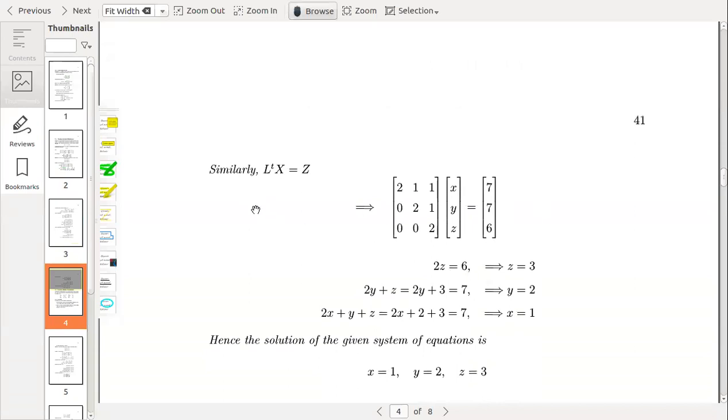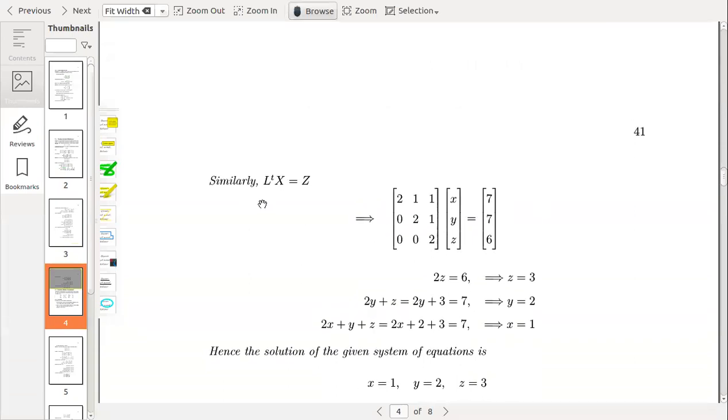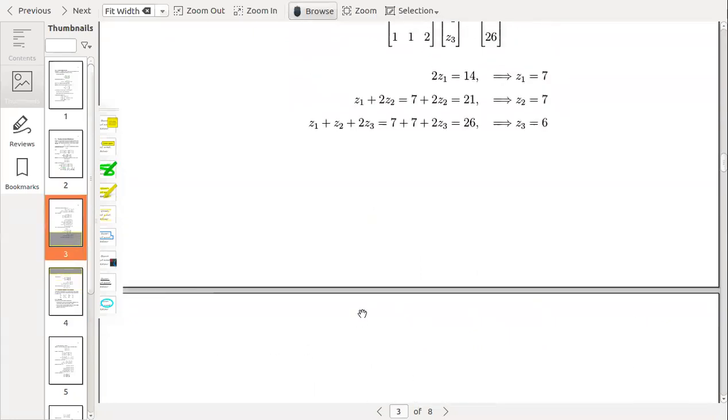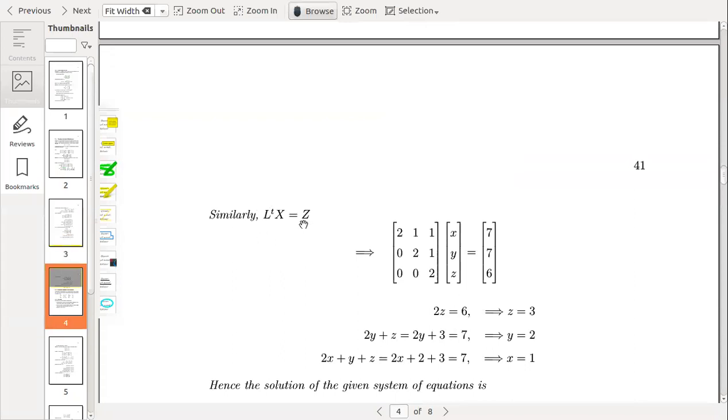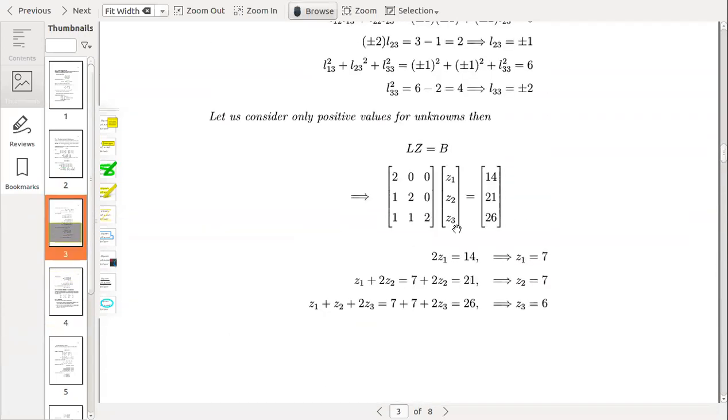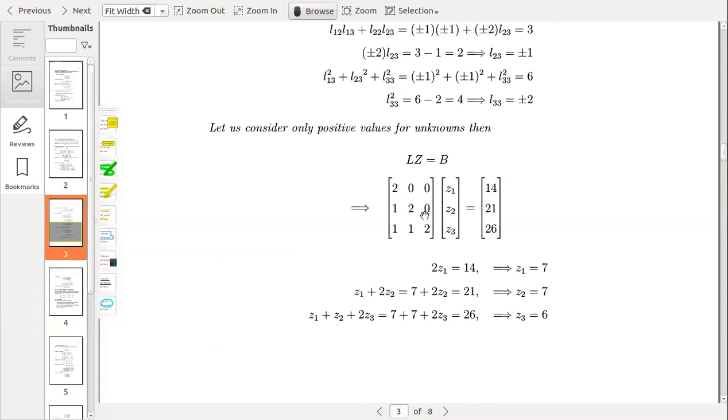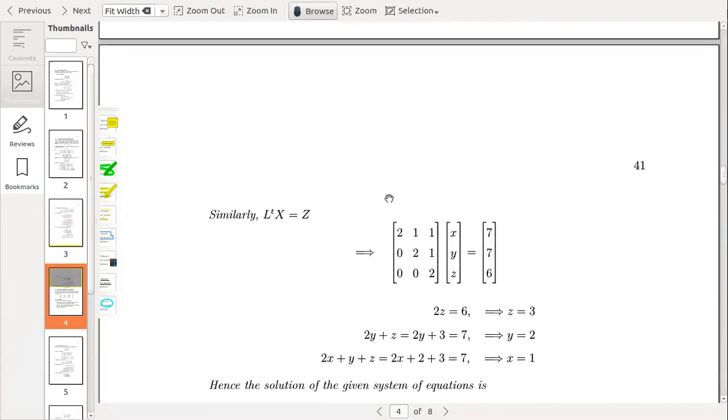Similarly, if you remember in the last question, we had Ux is equal to z. But here, U is actually the transpose of the lower triangular matrix. So that is why we can replace U with L transpose. U is here 2 0 0 1 2 0 1 1 2. Just interchange rows into columns and you will get this.